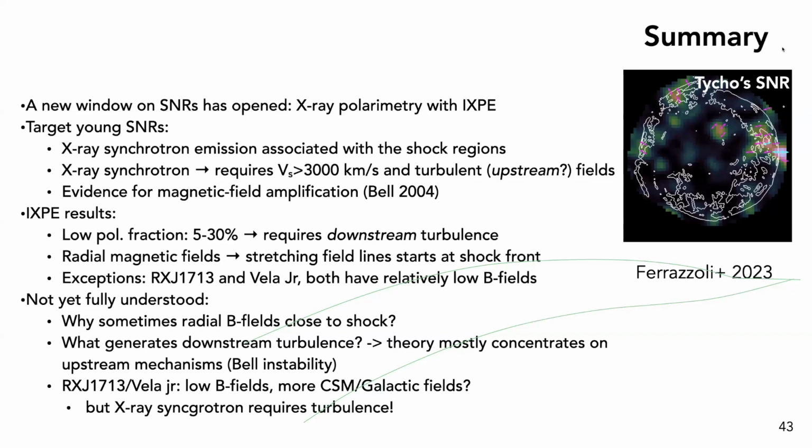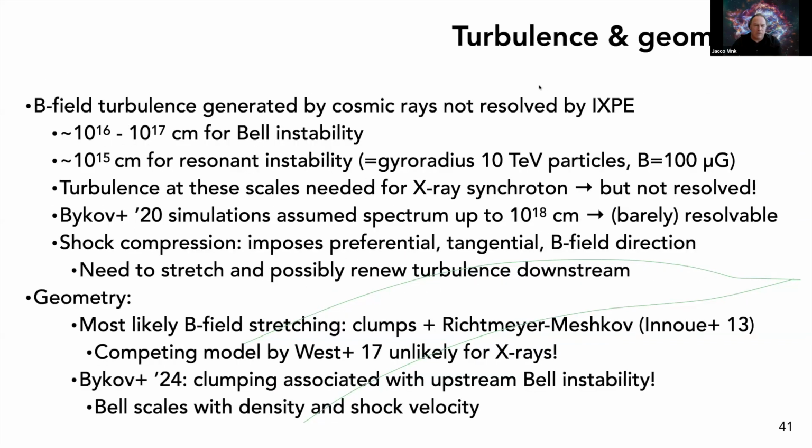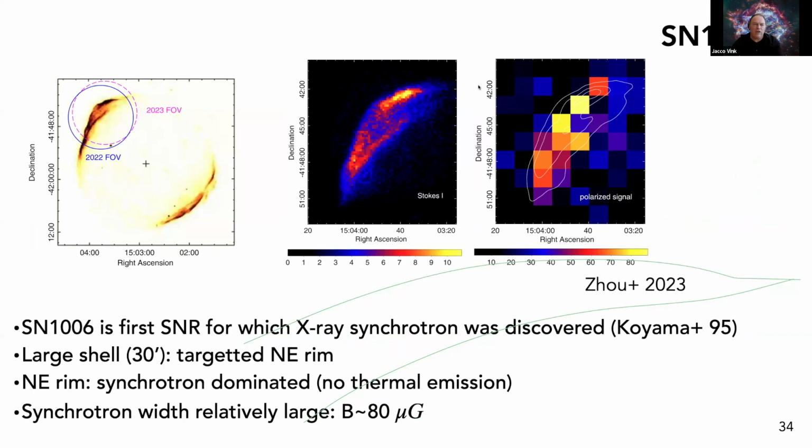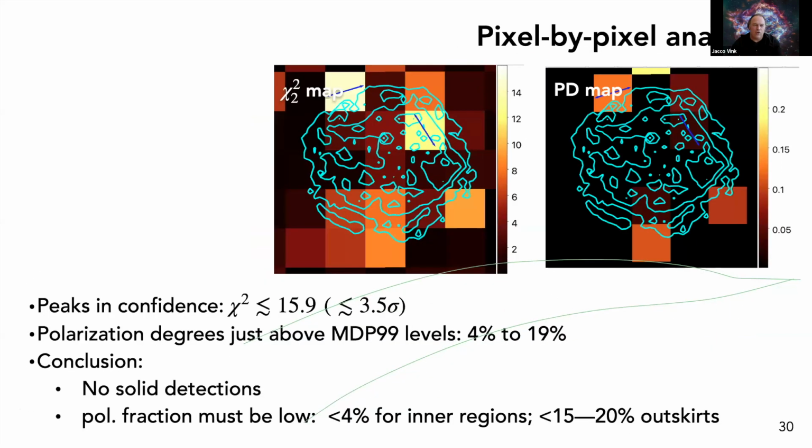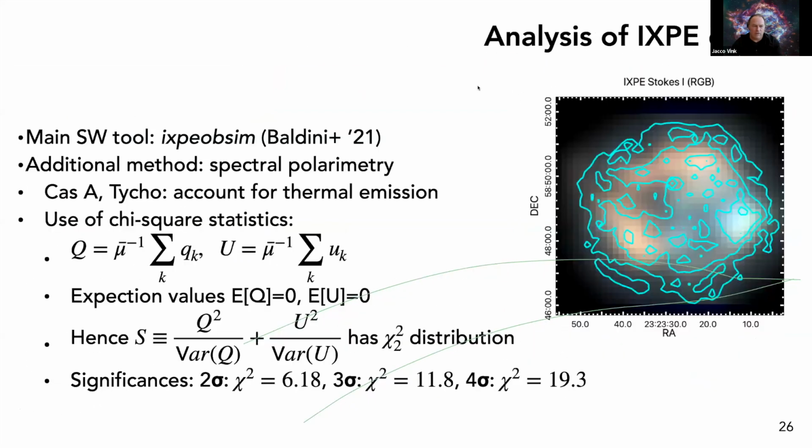So basically, if you say 30%, what's the plus or minus on that? Well, okay. Let me go back to this modulation curve. So basically, you detect a Q and U. Let me see if I can find the plot.